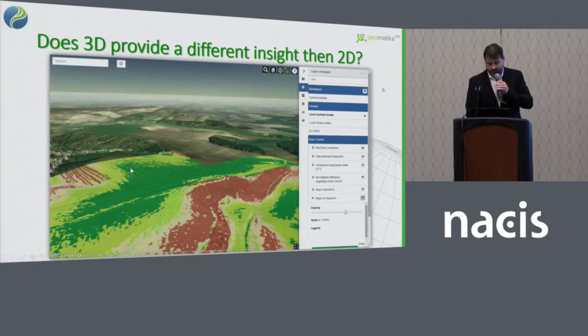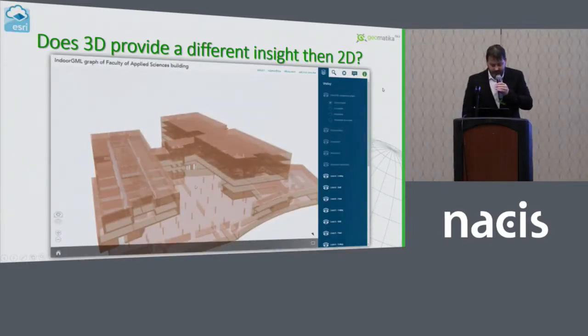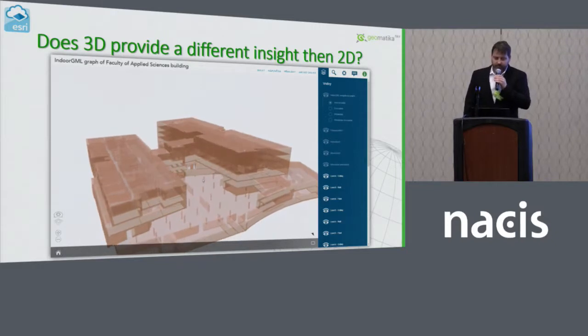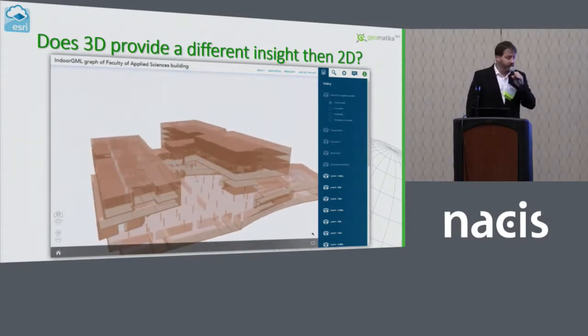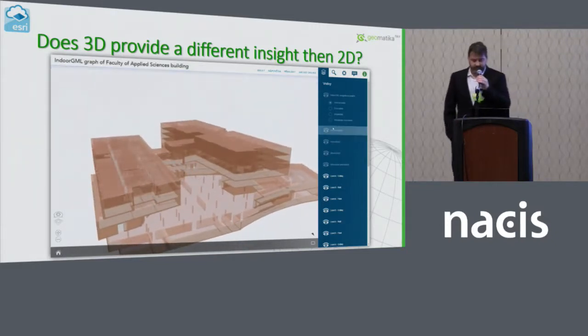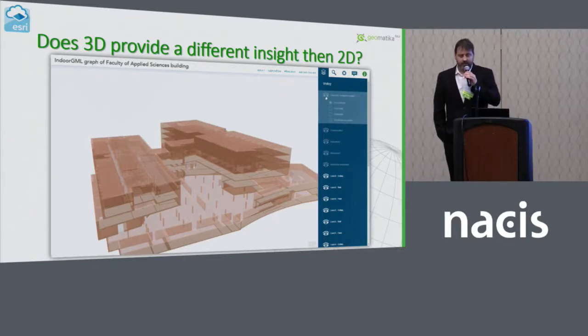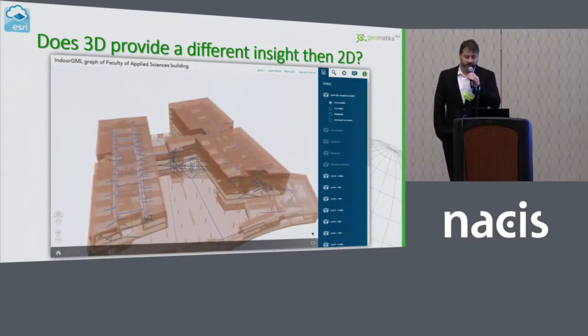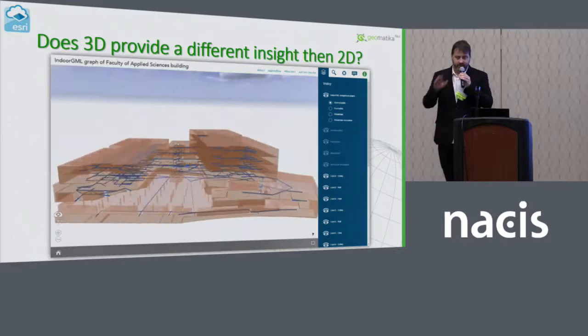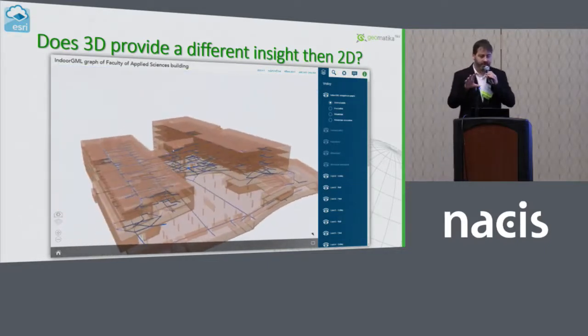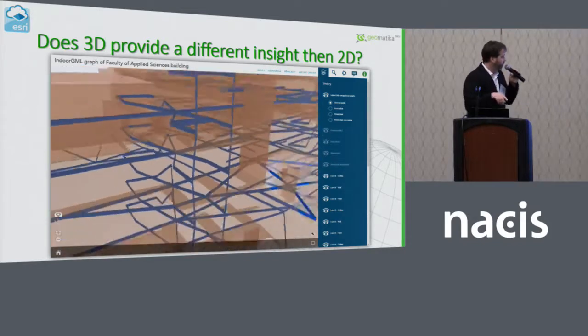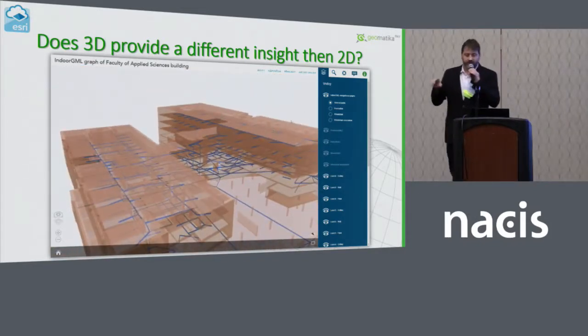If I go further, I have an example from a building. You can see the complex 3D structure here. It's not a very clear view, but when you focus, you can see at the center of the screen there are some elevators, and the graph in blue here shows the typical movement there.